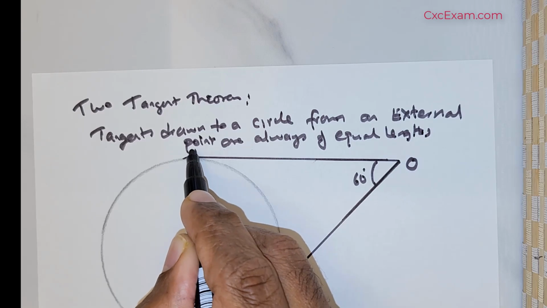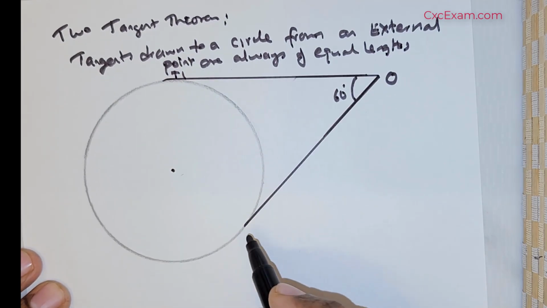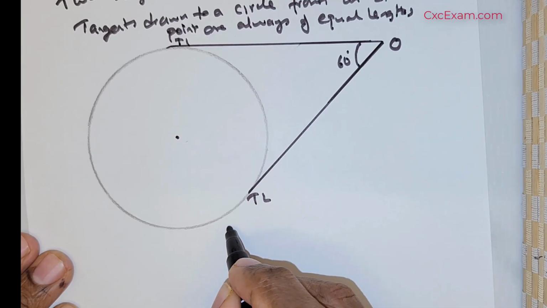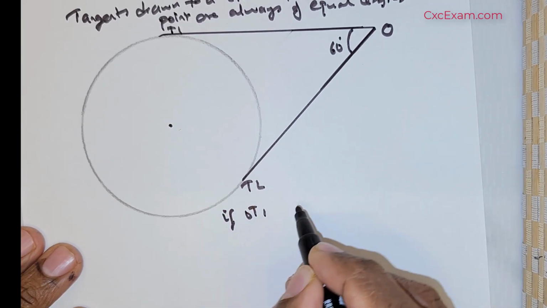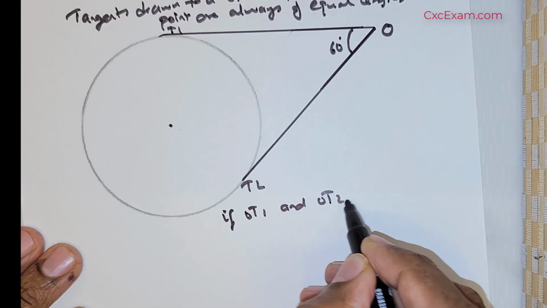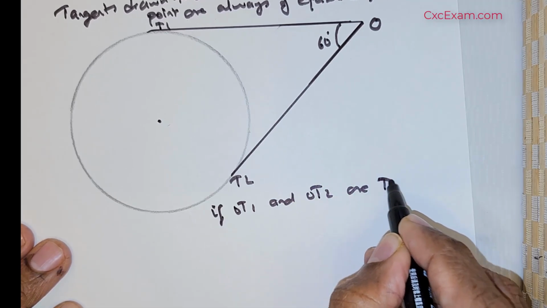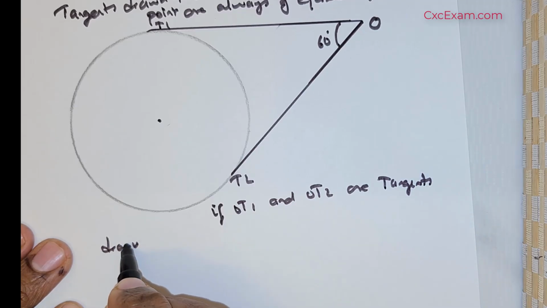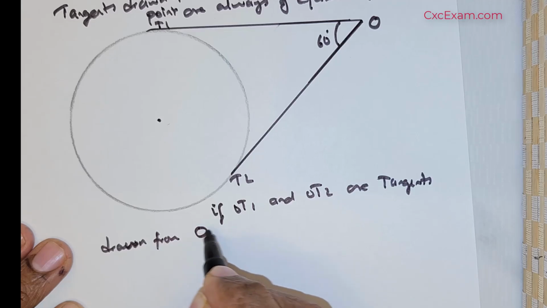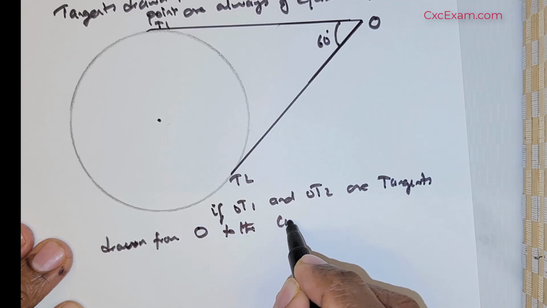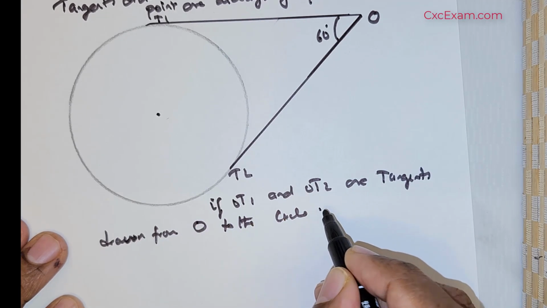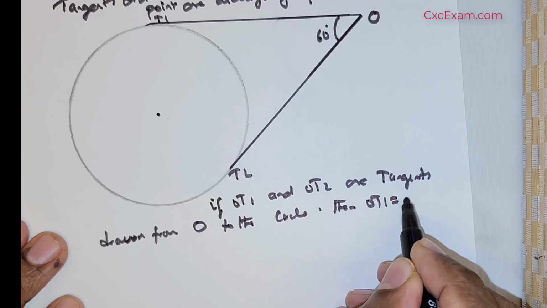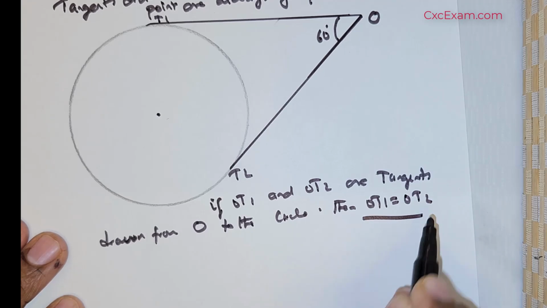So this means if OT1 and OT2 are tangents drawn from O to the circle, then OT1 will be equal to OT2.